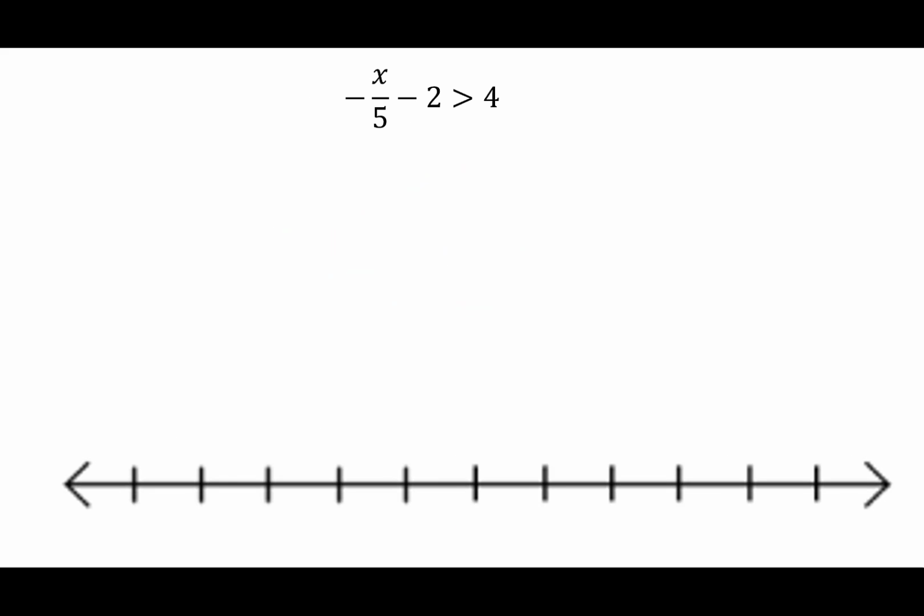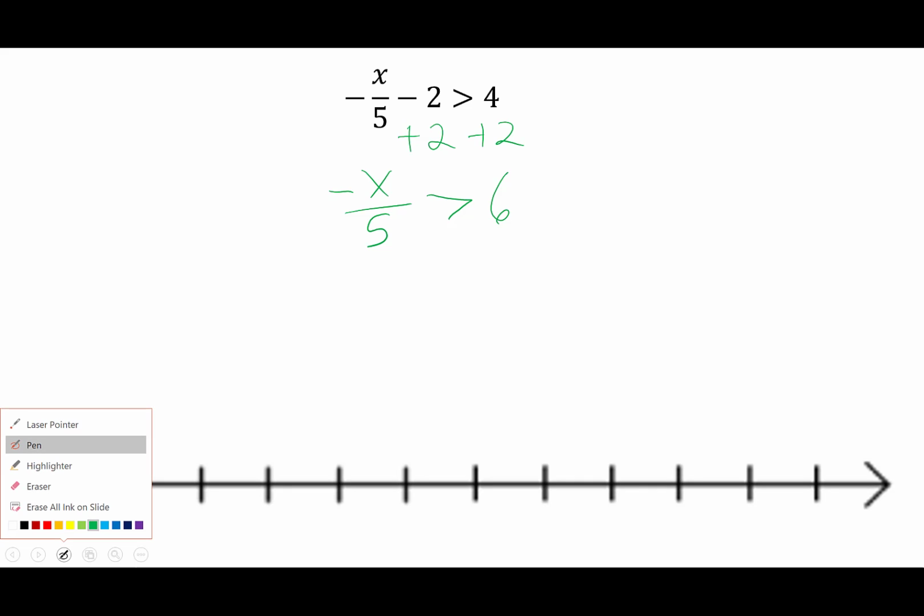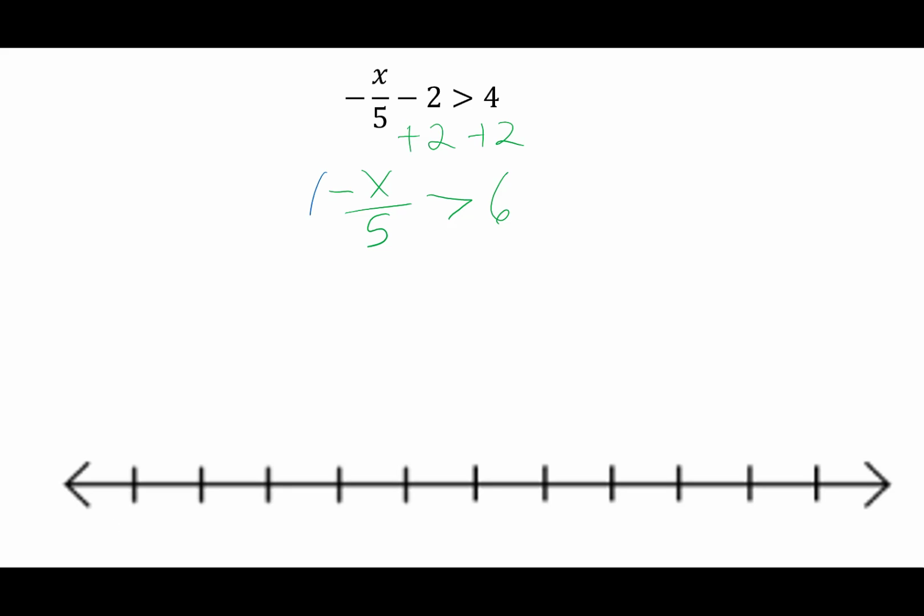All right, let's look at this one. I'm going to add 2 to both sides. So I get negative x divided by 5 is greater than 4 plus 2, which is 6. So now I'm going to multiply both sides by a negative 5 because I want to get rid of the negative and the 5.